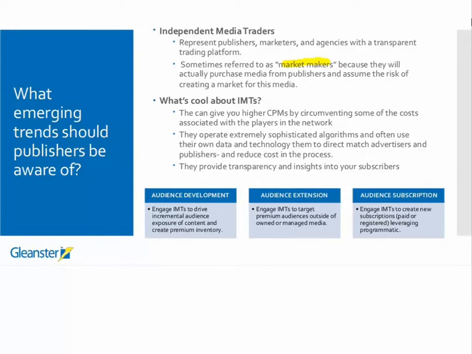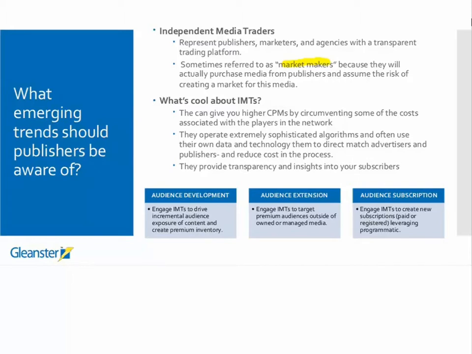And they do that by operating very sophisticated algorithms, using their own data and their own technology, that allow them to directly match advertisers and publishers and reduce costs in the process. So if you can circumvent some of these players by creating these algorithms that match the right buyer and the right seller, then there's an opportunity to give back to the publisher, in this example, a higher CPM.